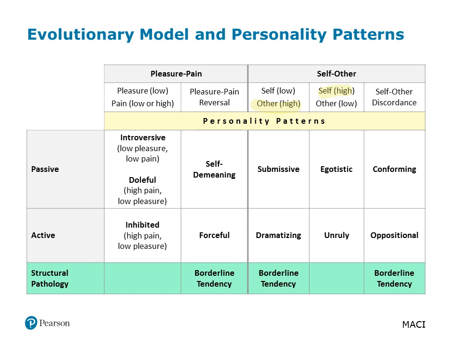So when you think about the self-other polarity, think about individuals whose difficulties might stem from their focus on themselves or maybe their focus on others. The submissive and the dramatizing personalities tend to focus more on the other in terms of getting their needs met, whereas the egotistic and unruly personality patterns tend to focus more on the self.